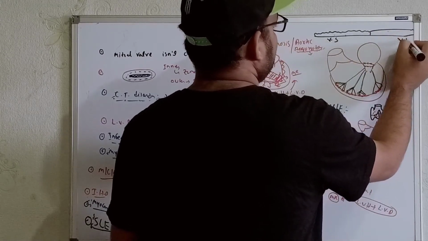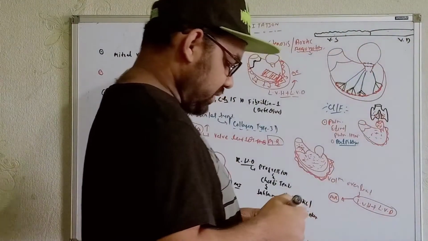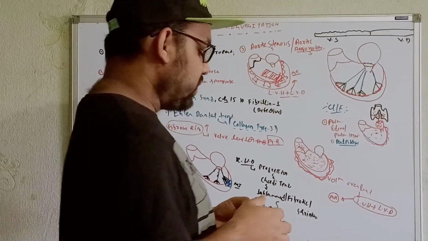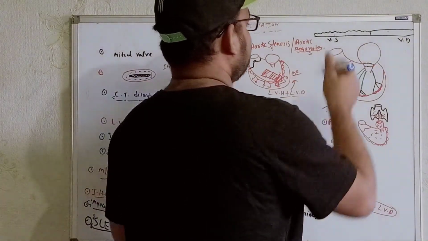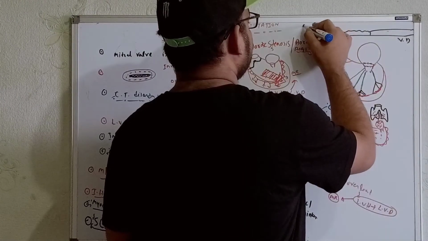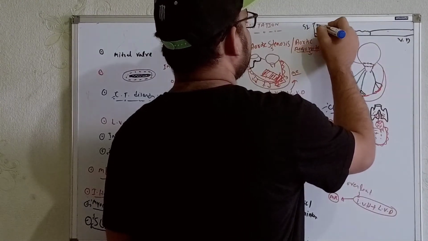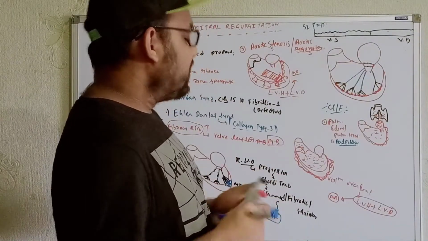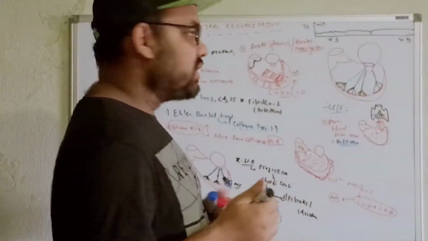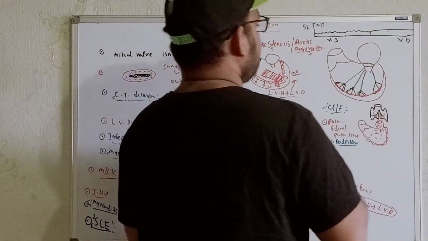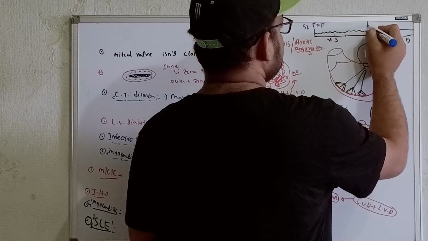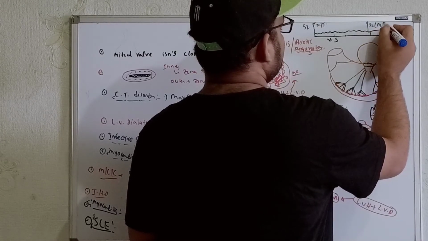At the beginning of ventricular systole we get the production of S1, you can write mitral and tricuspid valve closure. And we will get S2 at the end of the ventricular systole.